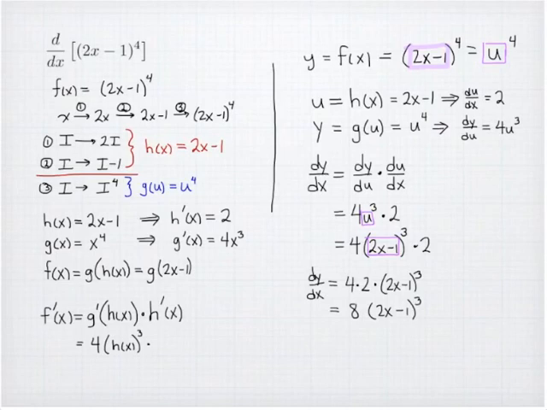And h prime of x is this function that takes the input and gives out the answer of 2 all the time. Now h of x happens to be the input, 2x minus 1. So our final answer is 4 times 2x minus 1 cubed times 2. That's the example of the chain rule.